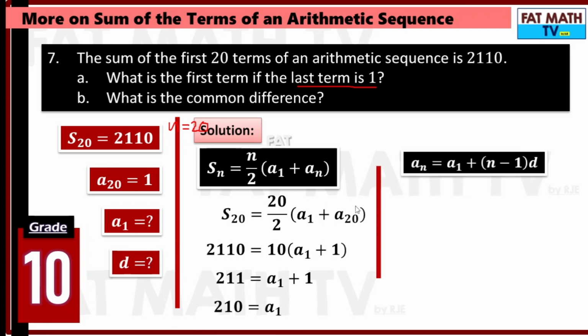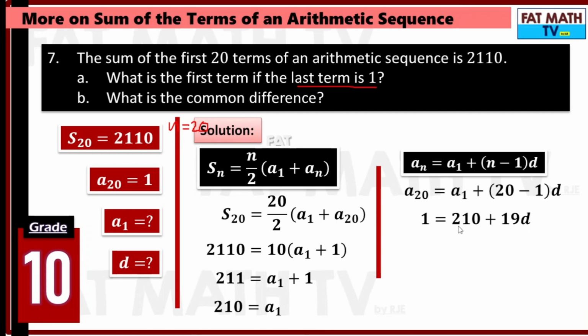For the common difference, we will use a sub n equals a sub 1 plus n minus 1 times d, the formula for the nth term of the sequence. Okay, so a sub 20 is equal to a sub 1 plus 20 minus 1 times d. A sub 20 is 1. A sub 1 is 210. 20 minus 1 is 19.